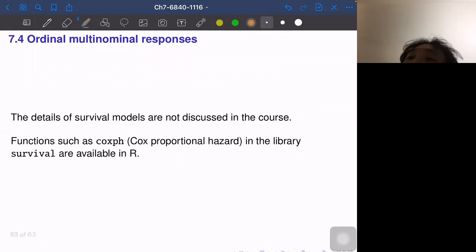But the details of survival analysis are available on the website, and in R, we can use the function coxph, the proportional hazards model in the library survival. Probably this is the most famous, most popular package for survival analysis in R.